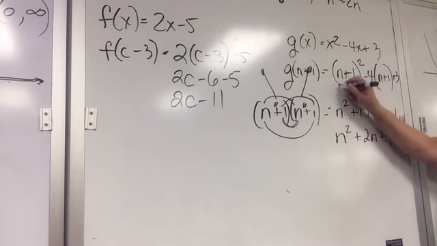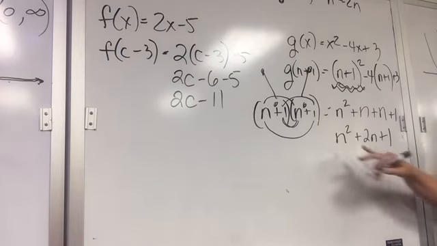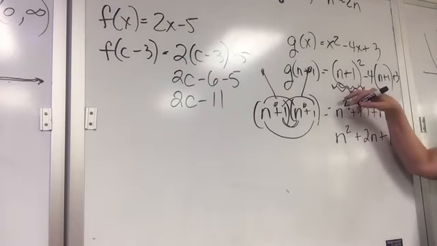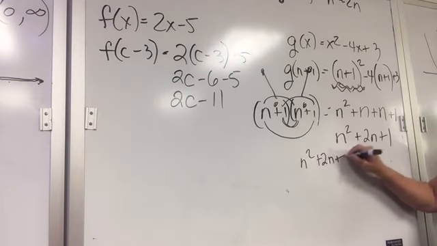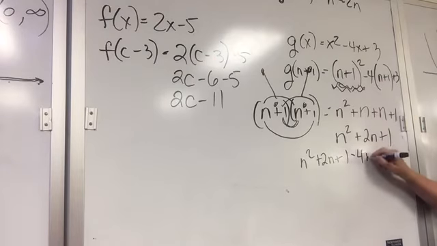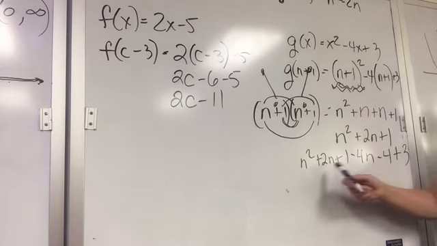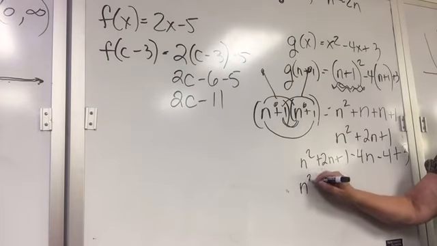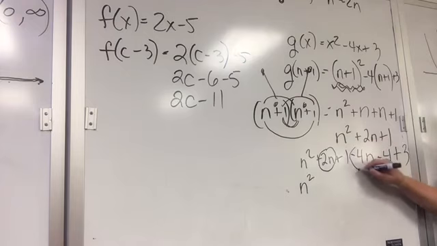Now that was only one little part here, so we're not done. n squared plus 2n plus 1 replaces this. Take away 4n, I'm distributing. Take away 4 plus 3. Lots of work, okay? Now I have only one n squared term. Remember, we have to add only like terms together.